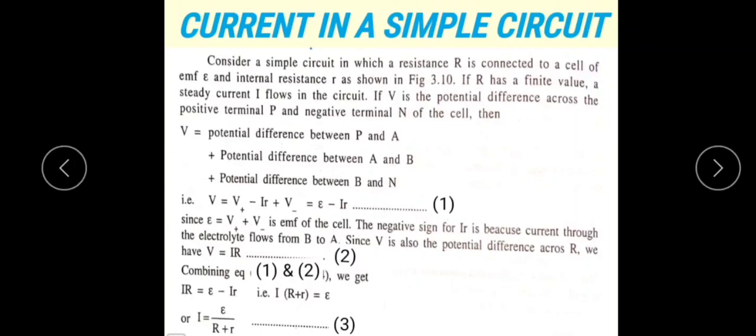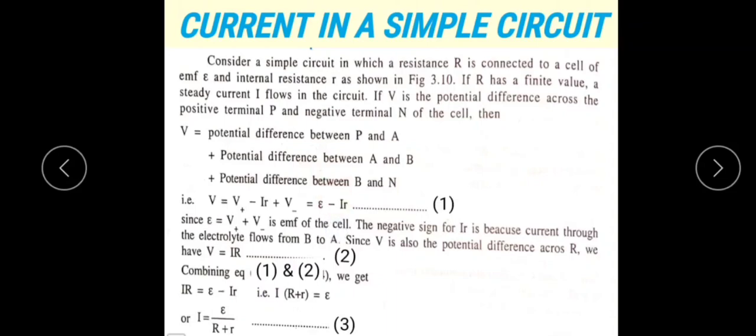Hence the potential difference between the positive electrode and negative electrode, plus V of minus V, is taken as the EMF of a cell, and minus Ir.